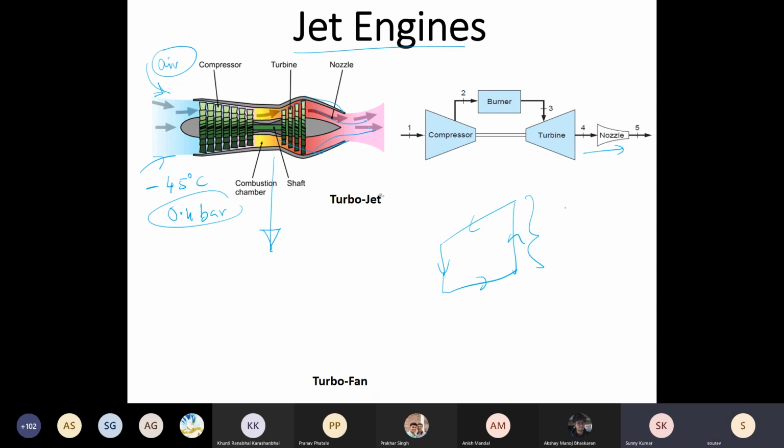I can borrow this compressor, or bleed some air from this compressor and run it across the other processes and get my refrigeration. That is the idea behind using air as the working fluid in a jet engine, because you already have the compressor there, which is compressing a huge amount of air. So you can bleed some amount of air from there and operate your air conditioning cycle.